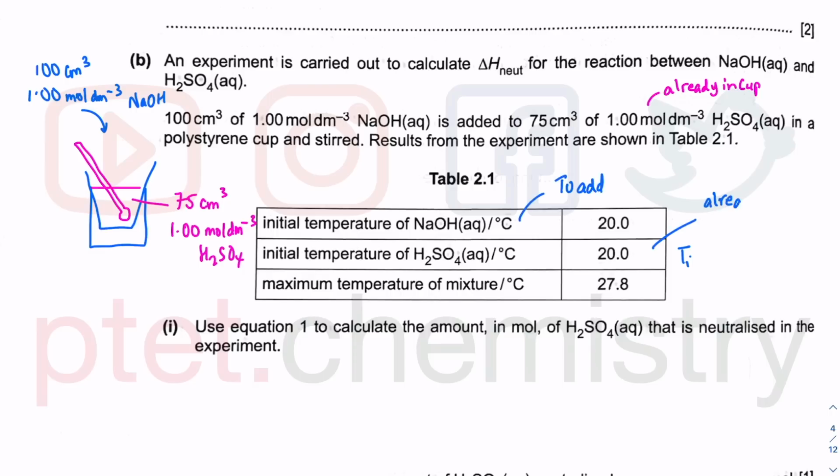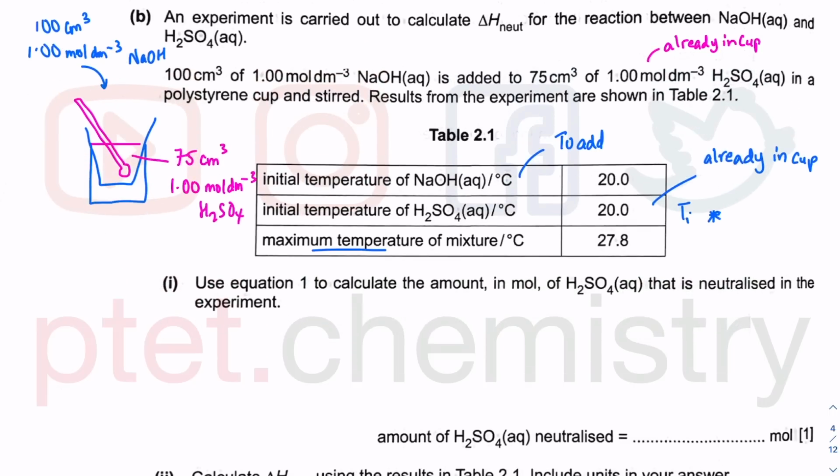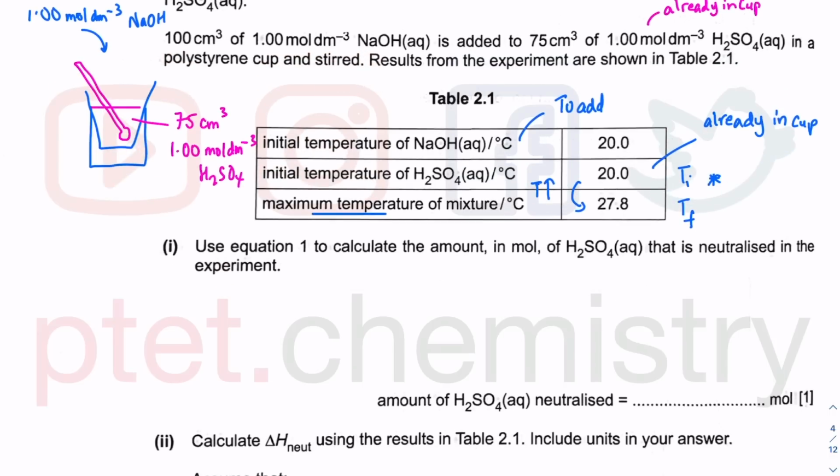So therefore we depend on where your thermometer is for our initial temperature. But as you can see, they are both at the equal temperature, so it doesn't matter which one you use. So this is the maximum temperature. It has risen because neutralization is exothermic, which means that it releases heat energy to the surrounding, and therefore the temperature of the surrounding will increase. It will get hotter there.